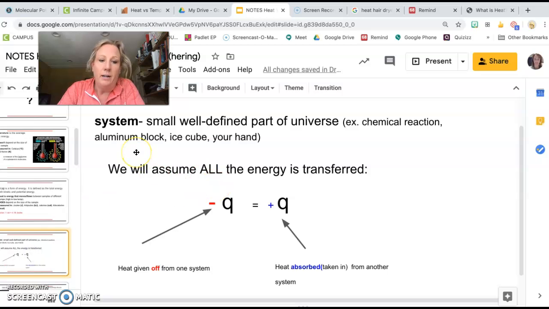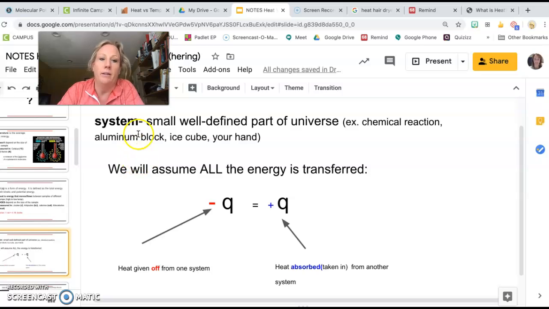So I just want to talk to you briefly about what a system is and surroundings. So a system is whatever we're focusing in on. Like the experiment that you did at home, the system was, I'd say, the ice, and then the surroundings would have been everything else.